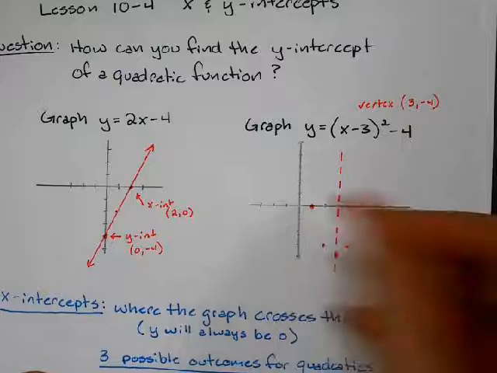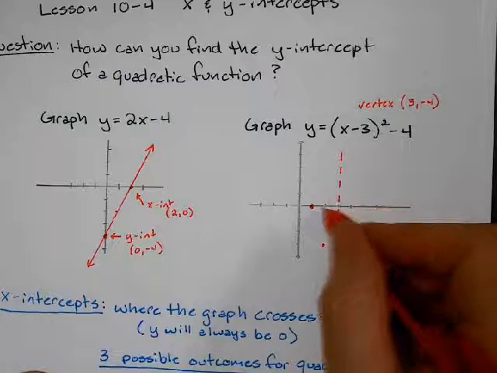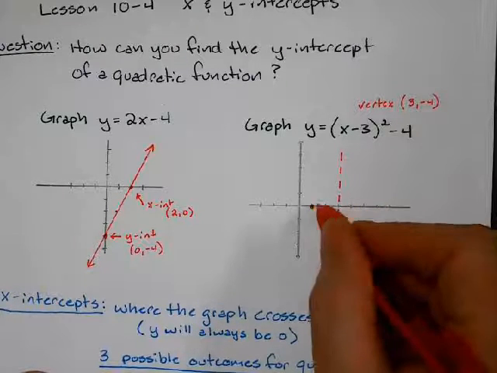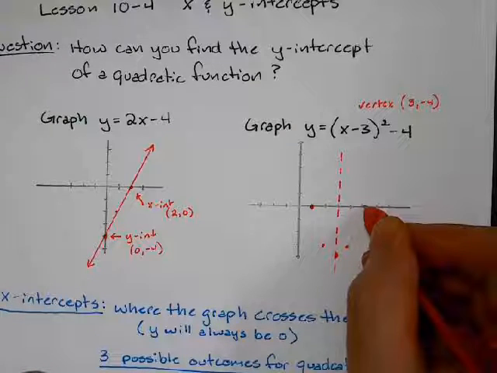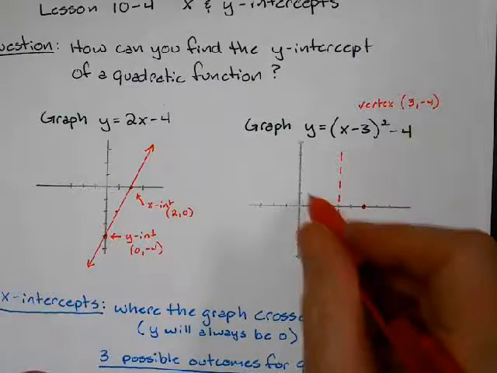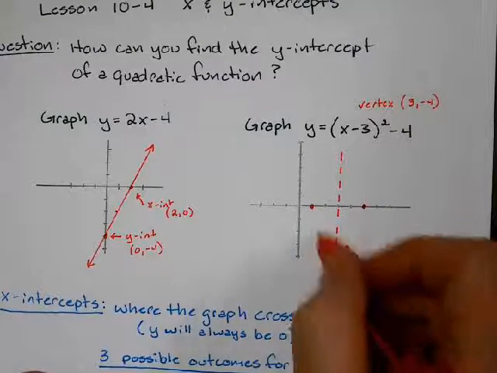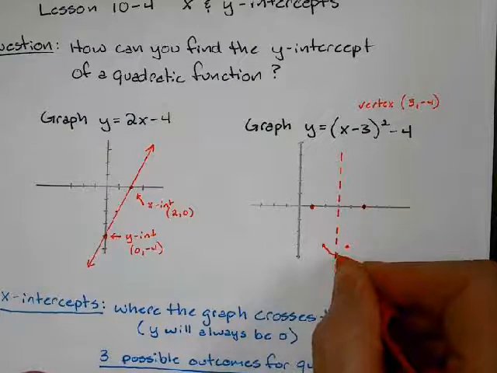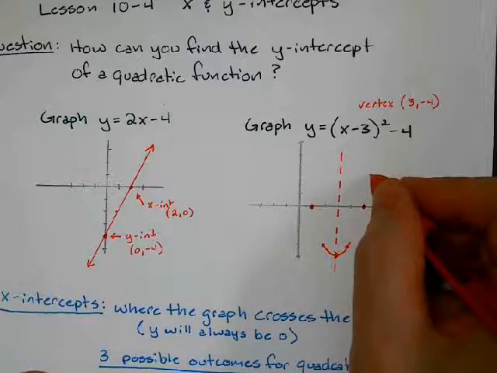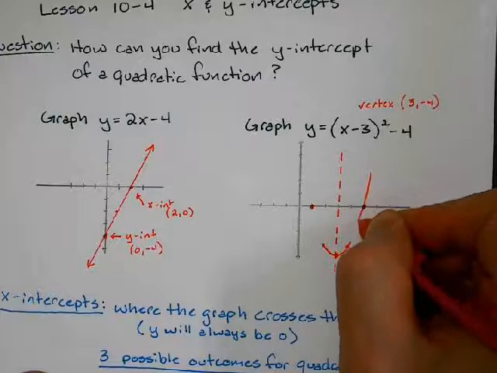I get this point here. And that tells me, since we have the axis of symmetry, this is 2 units away from the axis of symmetry. That means 2 units away over here I'll get another point, because they are a reflection over that axis of symmetry. And so we get this graph right here.